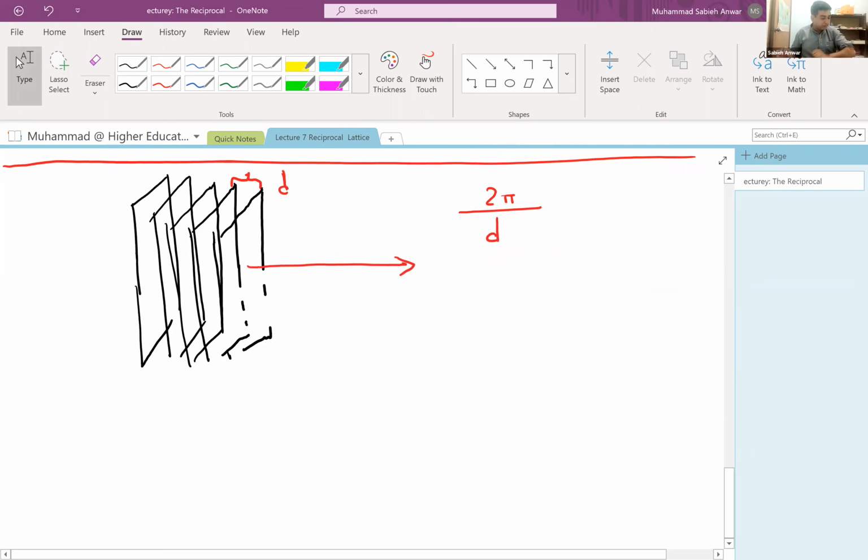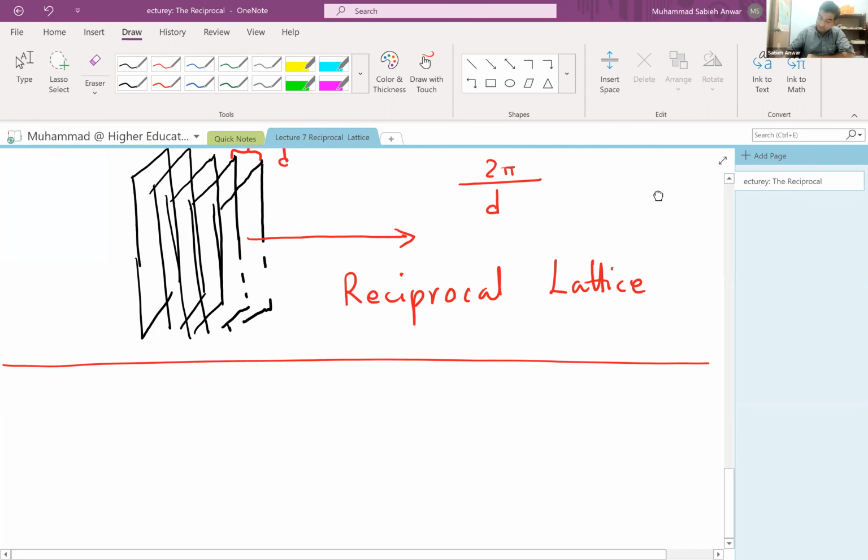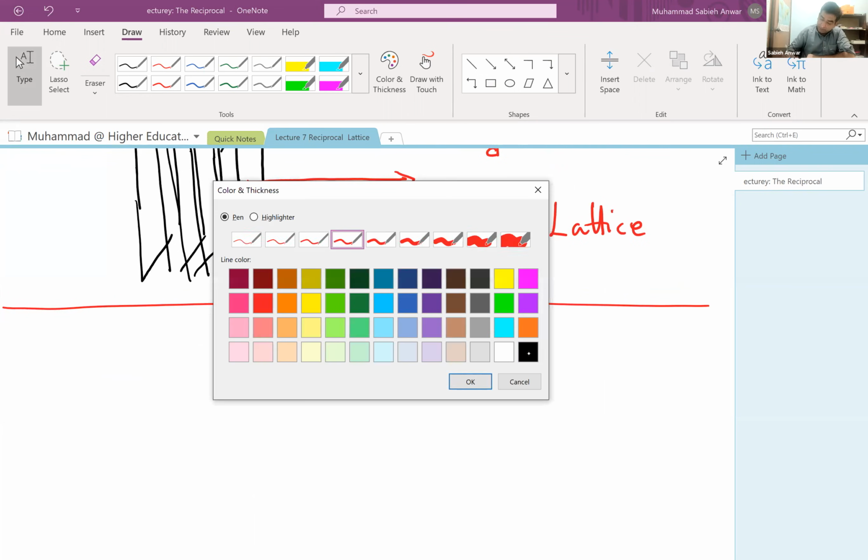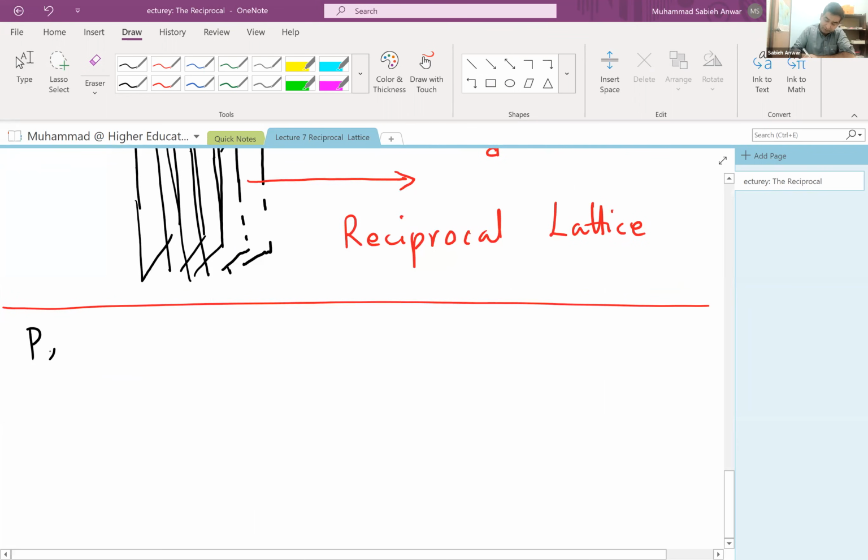Okay, and these reciprocal vectors are now part of what is called a reciprocal lattice, and that's what I'm going to describe right now. Suppose I have a cubic lattice, and I simply talk about a primitive cubic lattice for the time being.